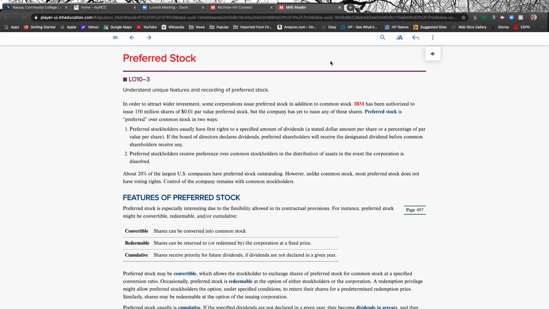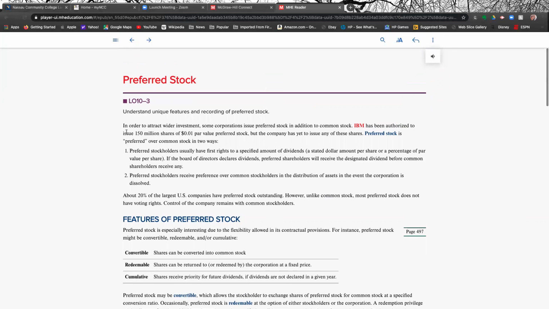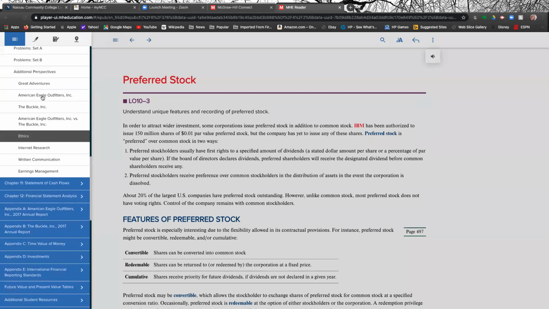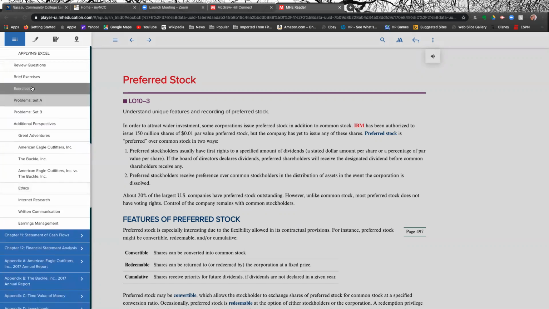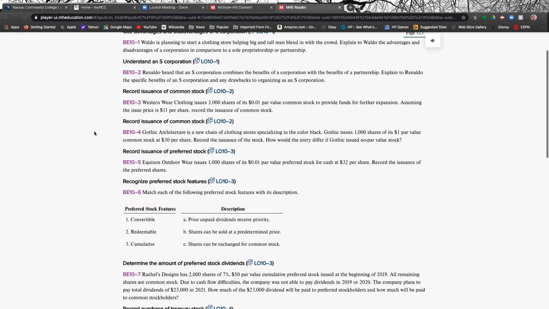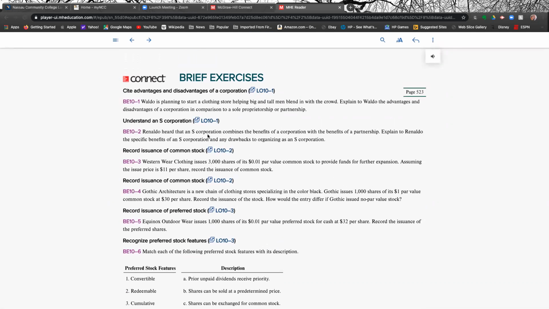Let's look at a homework problem. All right, let's look at this one, number 4. Brief exercise 10-4. This is on page 523.